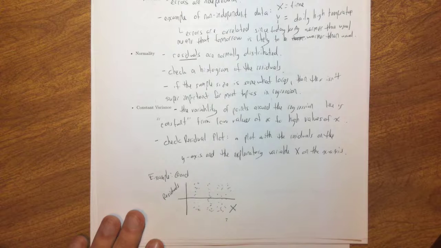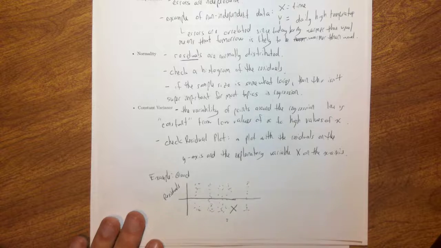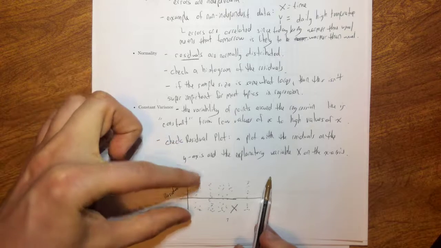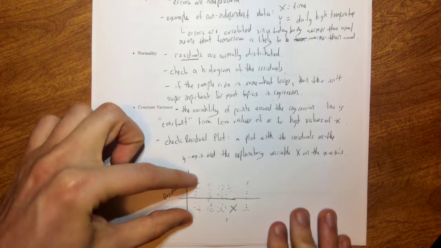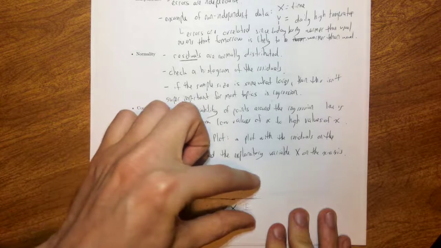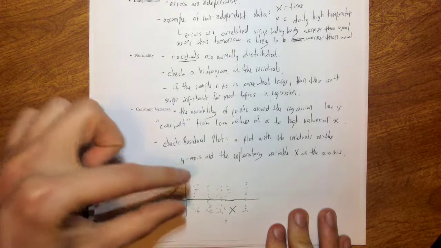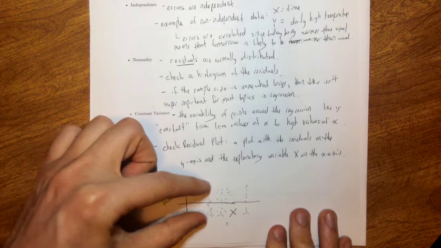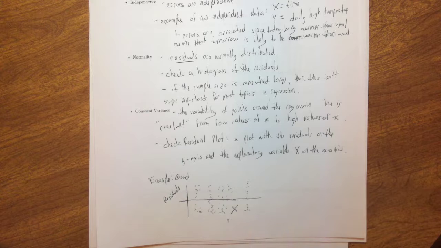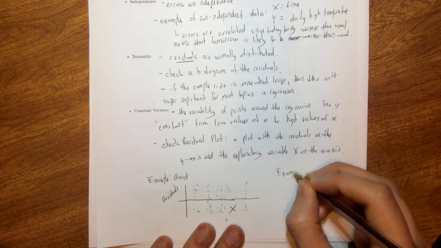What this means is that as I'm starting from the left, I'm going to make sure that the spread of these residuals doesn't drastically increase or decrease as I'm moving across the x-axis. It starts out kind of big here, it might get a little bit smaller and then a little bit bigger, but it's mostly fine for this example.